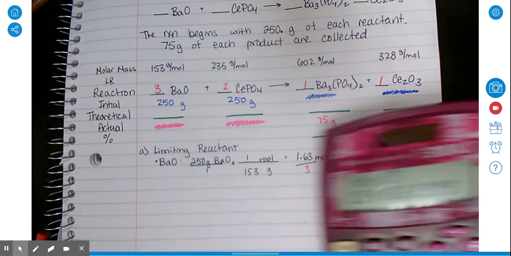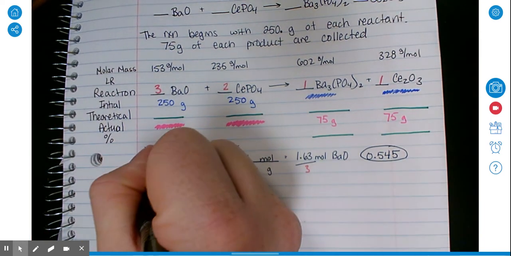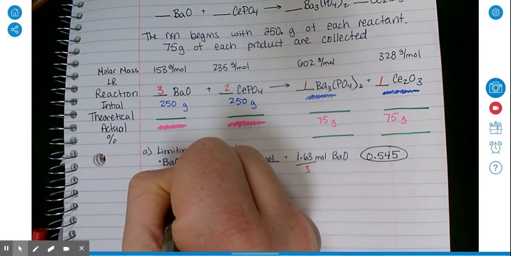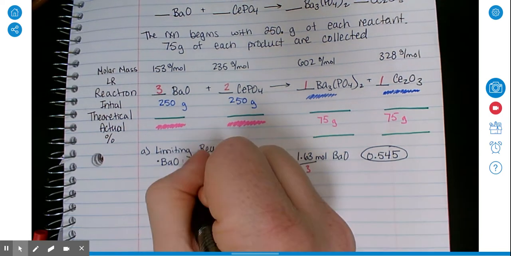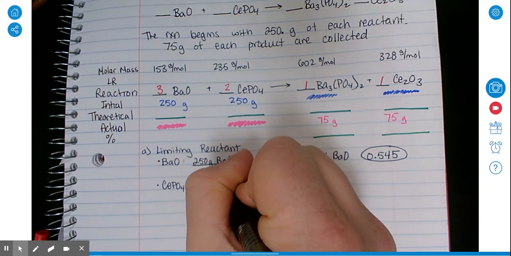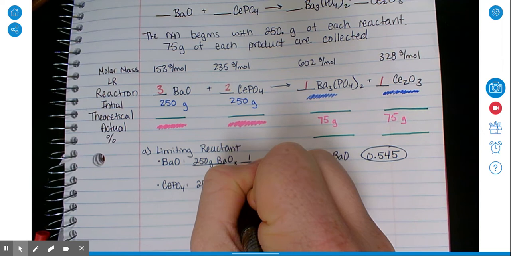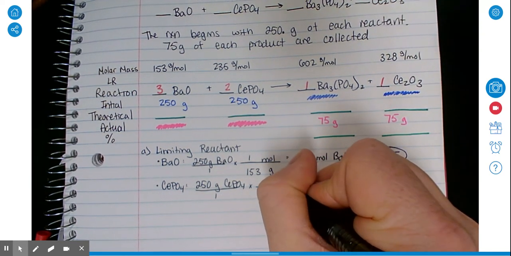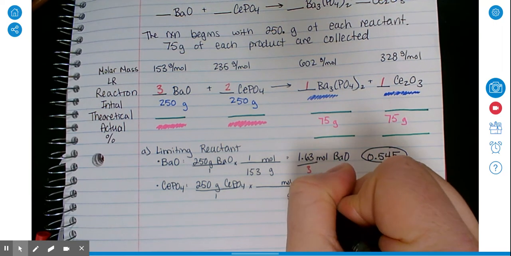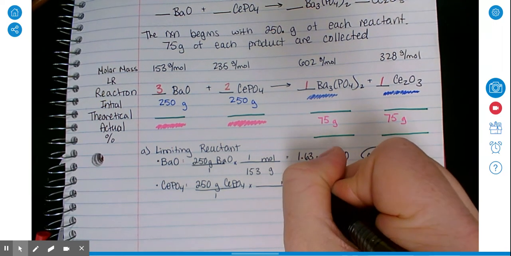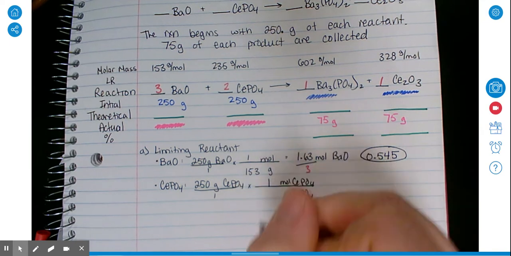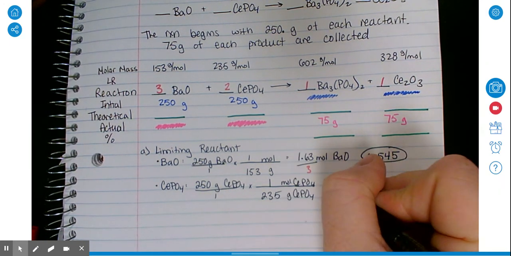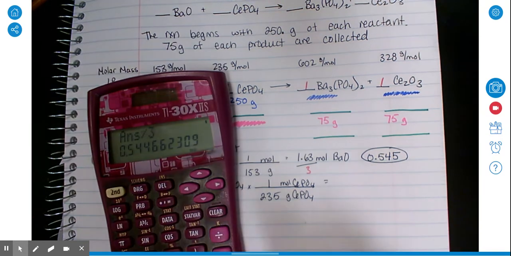Do the same thing for cesium phosphate. So I begin with 250 grams. Grams to moles, using the molar mass, which is 235. 250 divide 235.